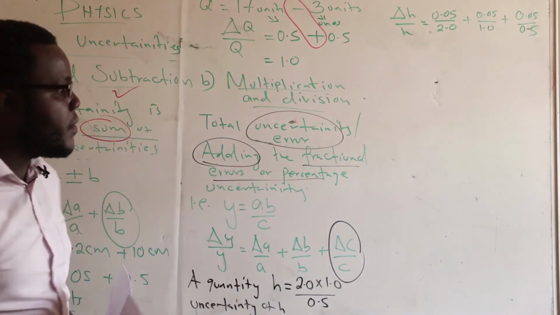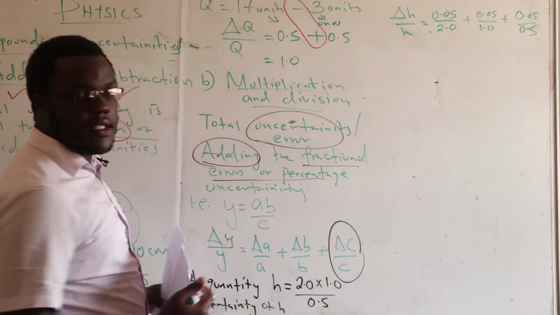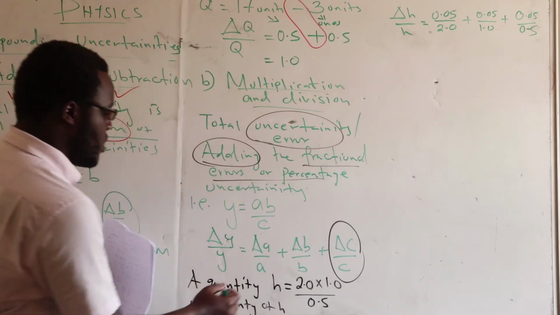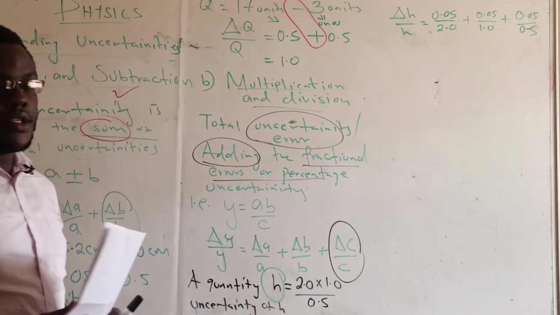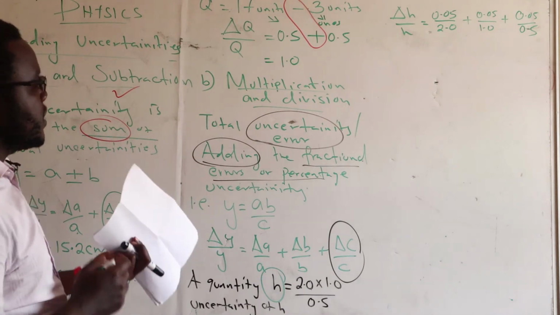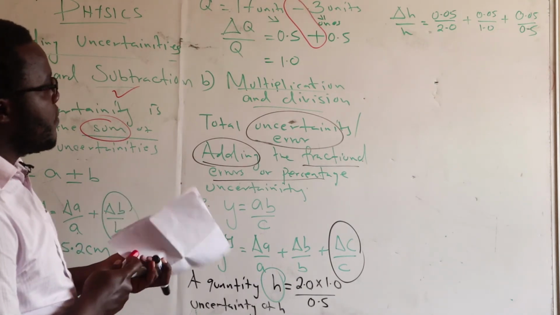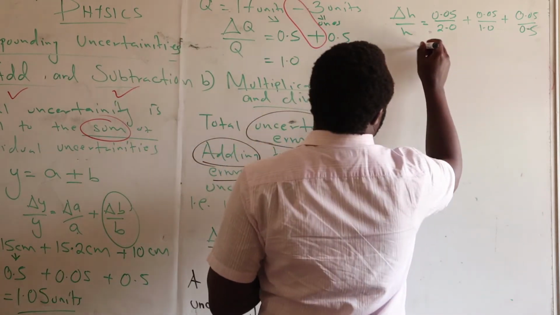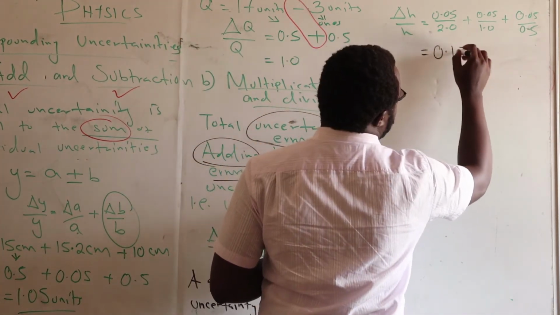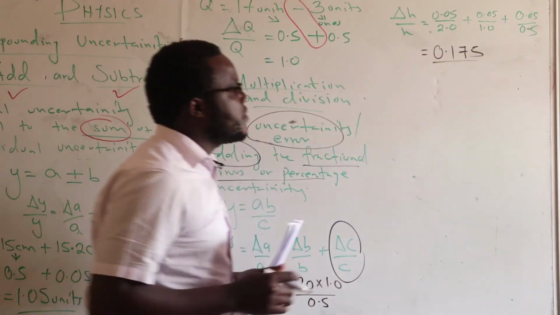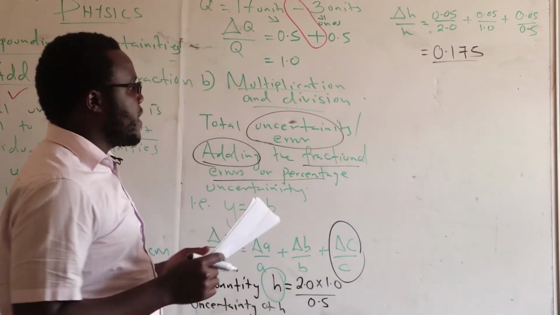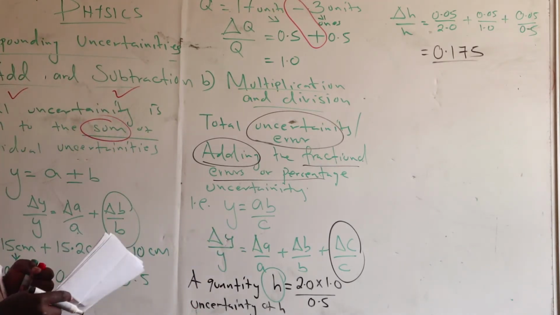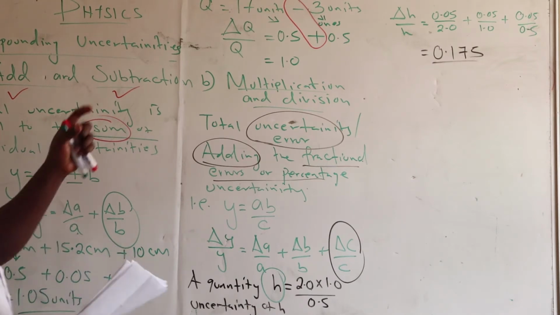The sum of each individual uncertainty will give us the total uncertainty of the quantity H. If we work it out, we get 0.175.